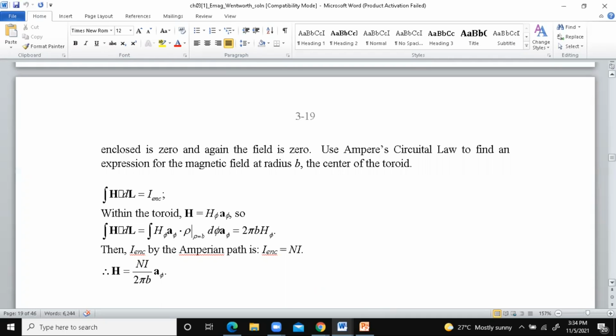Oh, yes, sir, 2 pi. So in this case, B is like R. And since it's a toroid, it's n times the amount of current.